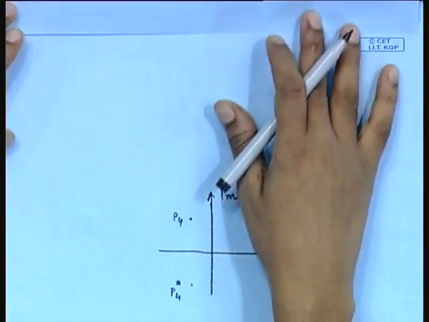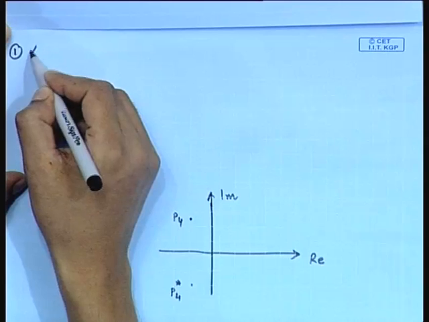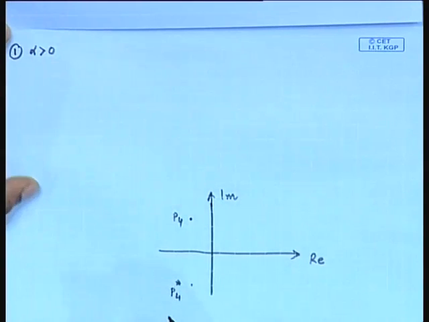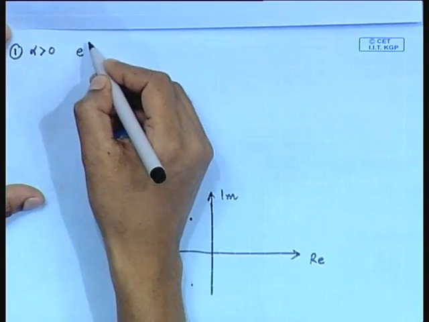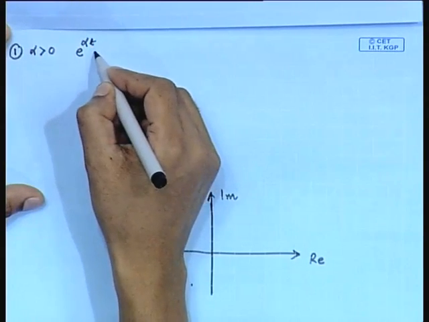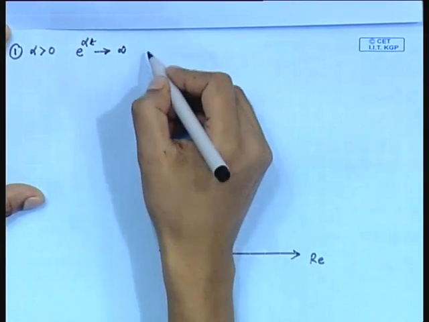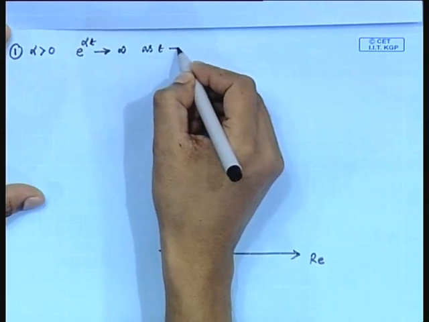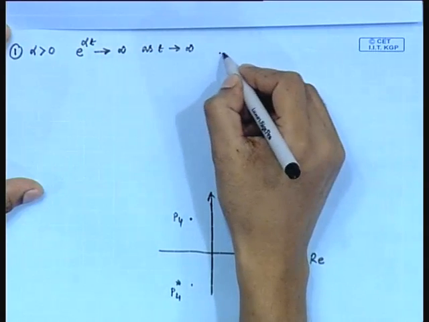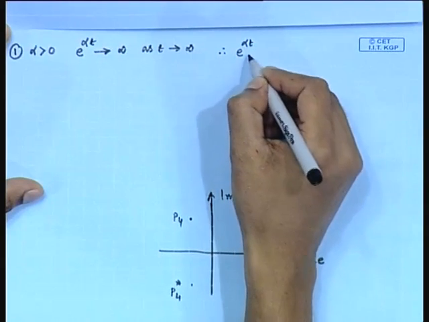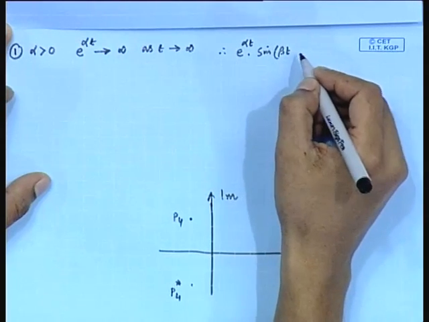In the first case we will consider alpha greater than 0. If alpha greater than 0, then exponential of alpha t tends to infinity as time tends to infinity, agree? Then what will be exponential of alpha t multiplied by sine beta t plus phi?